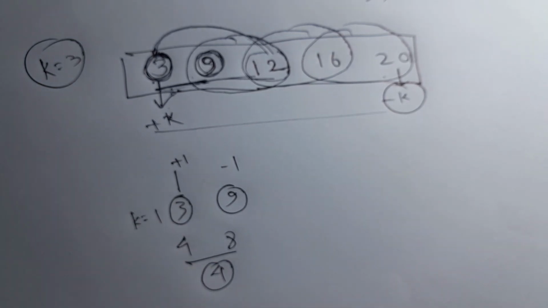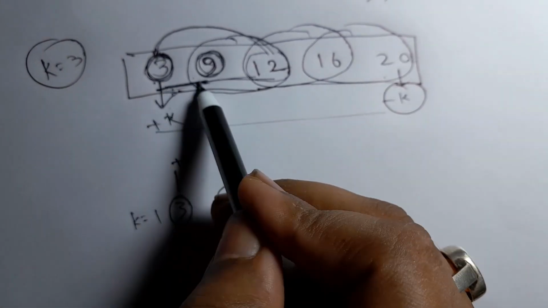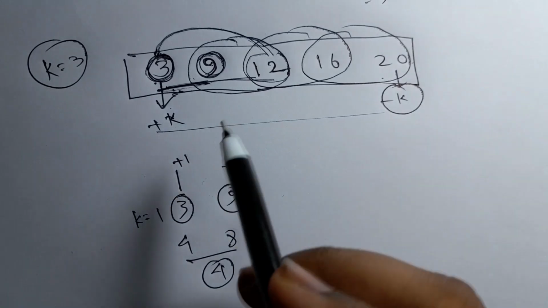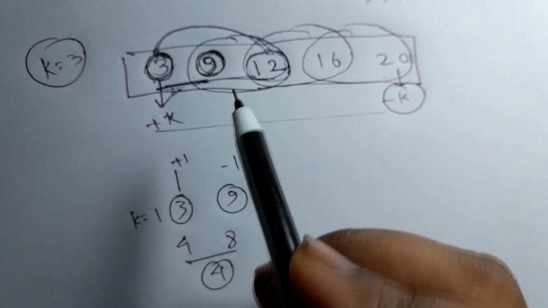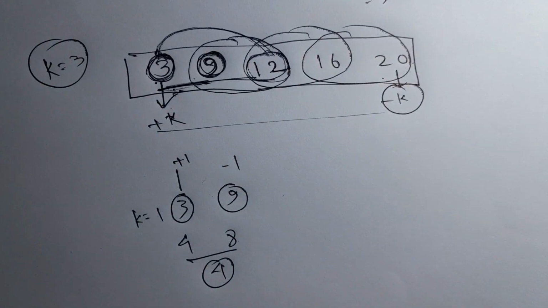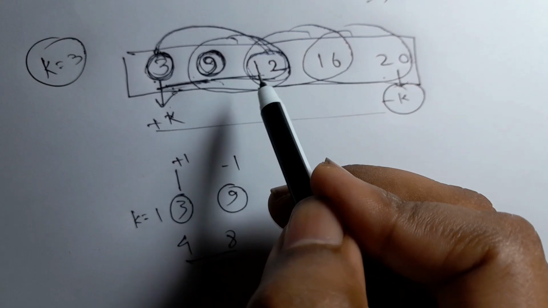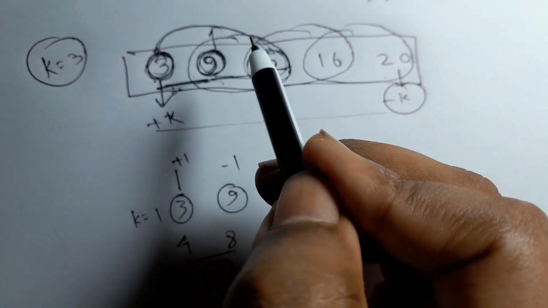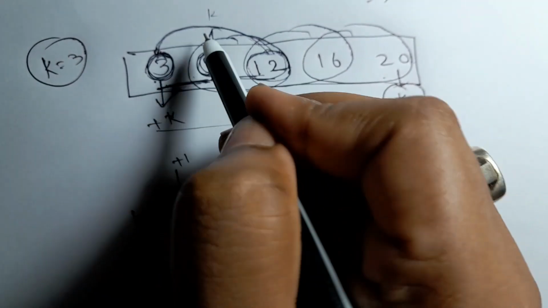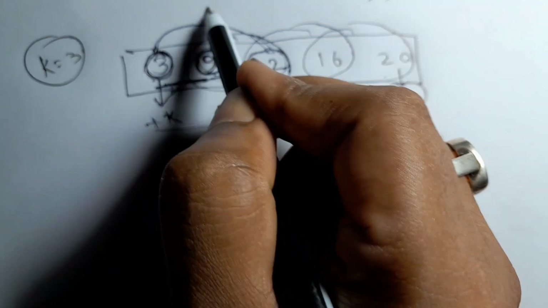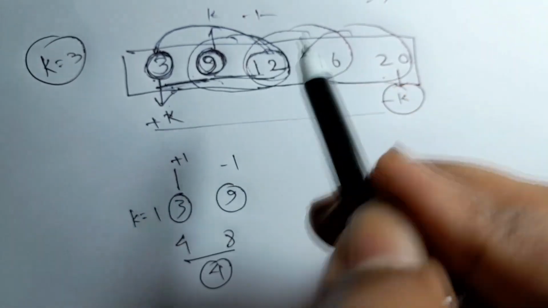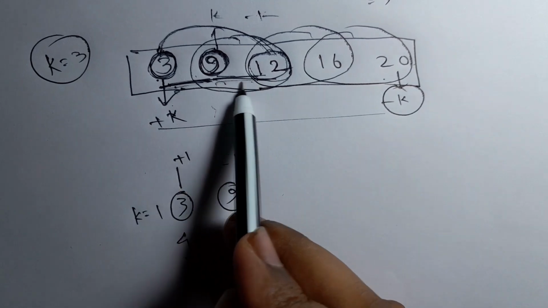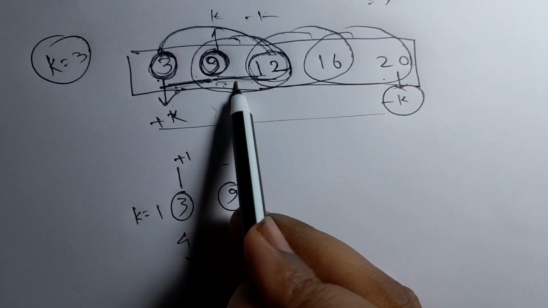I am explaining again why we are sorting the array. Because we know the difference between the adjacent ones will be the minimum. Why minimum? Because the array is sorted and we can increase the smaller value by k and decrease the greater value by k, by which the difference between these two will be minimum.